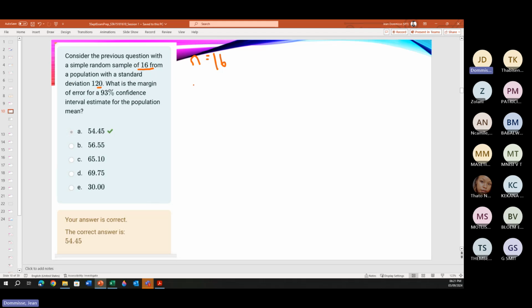Okay, so I assume that is a population standard deviation. We will see soon. What is the margin of error for a 93% confidence interval estimate for the population mean?